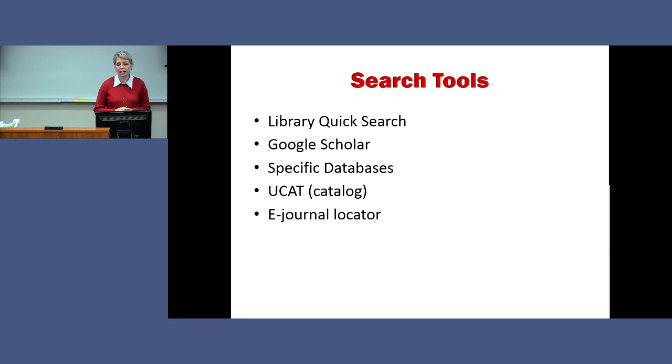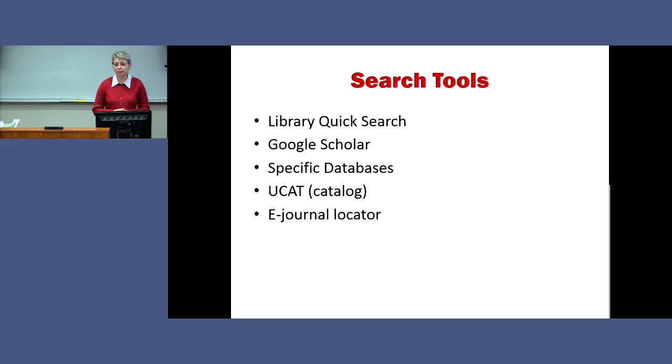However, if you just access Google Scholar at home, you will probably just get to the list of citations. So we worked with Google and we indexed what we subscribe to in their collection. And this way, if you access Google Scholar through the library website, you will be able to get to the full text that we provide.